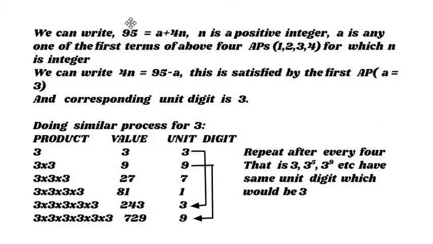Now we can write 95 here. It involves the concept of AP. Please do understand it, do learn it from other resources. Here 95 can be written as this, where we have 4 APs.